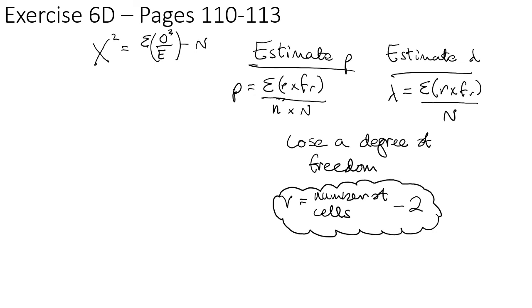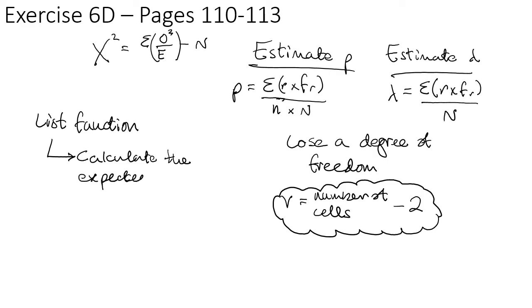And remember, use the list function on your calculator to get a list of all of the probabilities. So once you've done the list function, that will help you calculate the expected probability for each outcome.